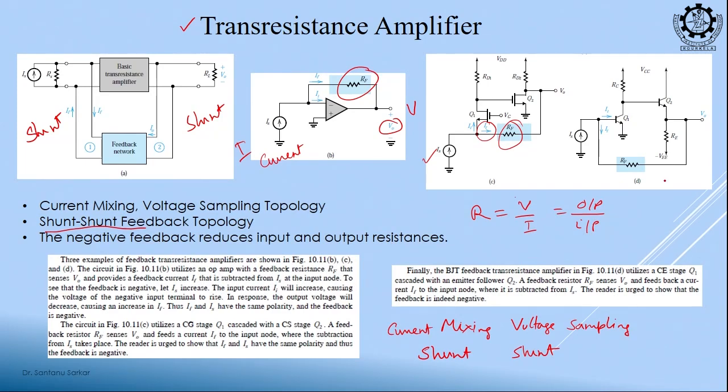Okay. This circuit and this circuit are the same, only MOS and BJT. So, the concept of all these three is the same. I current is flowing, we are converting this to the voltage by a feedback resistance.